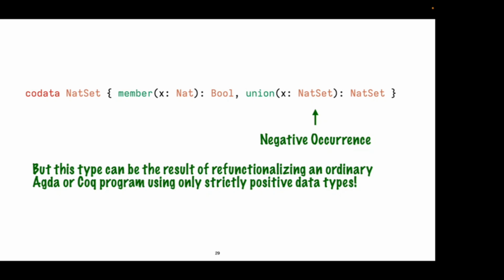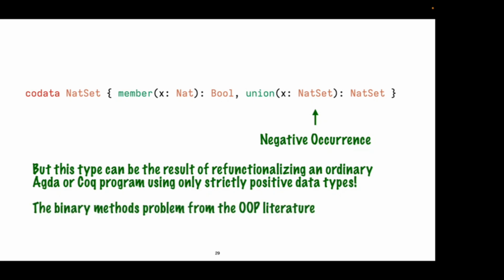This program would then type check in most proof assistants like Coq or Agda, but if I refunctionalize this codata type, then I would obtain this definition, which contains the negative occurrence. This is also related to the binary methods problem from the OOP literature.